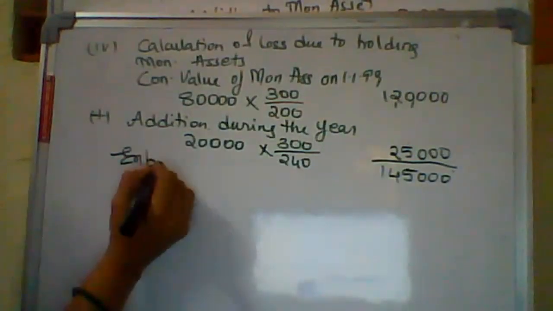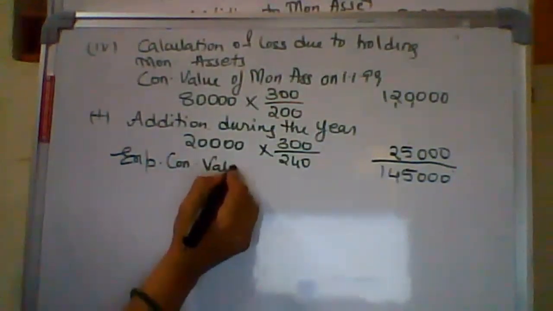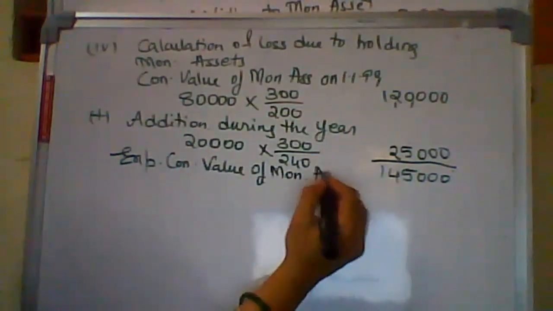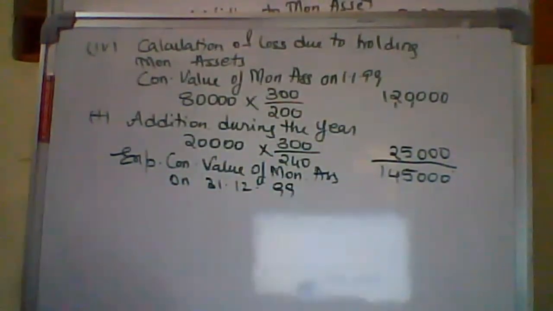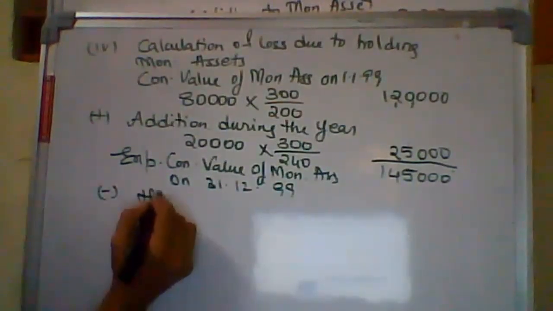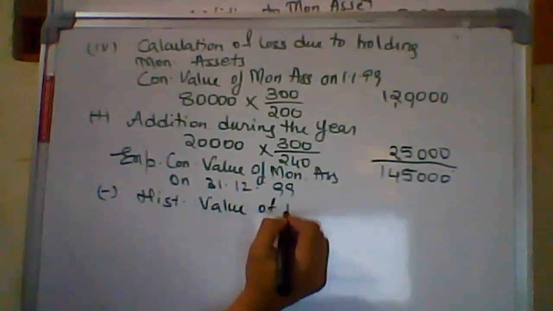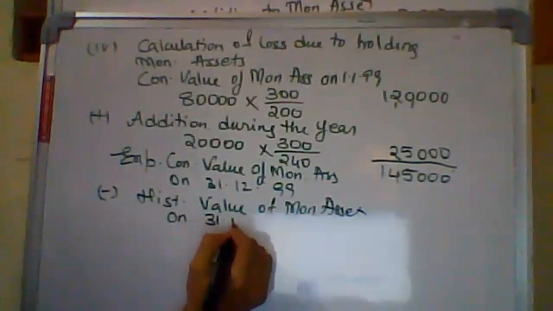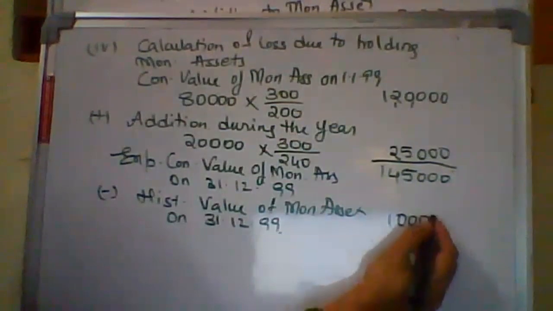It means 1,45,000 is the expected converted value of monetary assets on 31st December 1999. But what is happening? You have historical value of monetary assets on 31st December 1999 as 1 lakh.